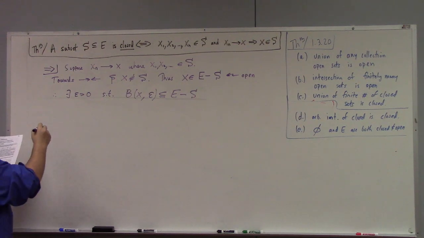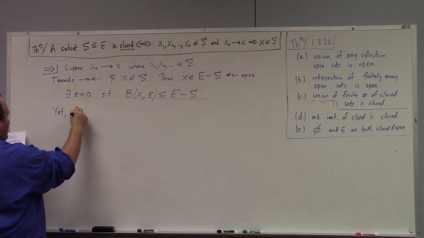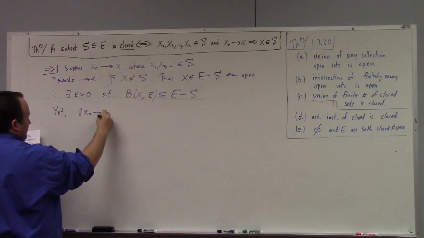Yet, the norm of xn minus x is going to what?